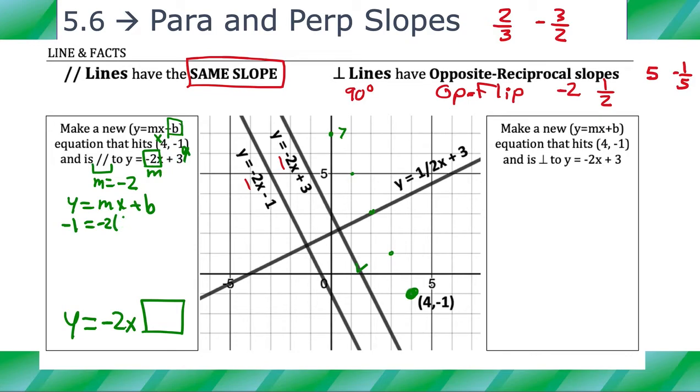The x value is 4, plus b. Next step, we multiply negative 2 times 4. So we have negative 1 equals negative 8 plus b. Then we add the 8 to both sides to cancel. And look at this, b equals 7. Sweet.